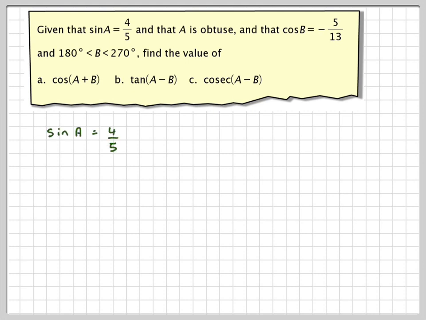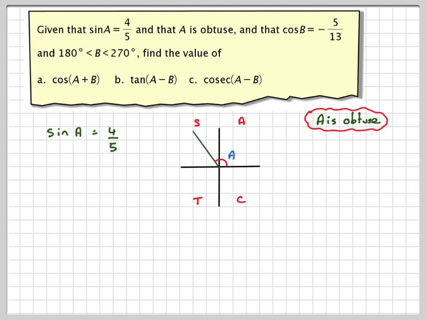Okay, so sine of A is 4/5. If A is obtuse, that means it's in the second quadrant. So if we draw it in the second quadrant, and sine is opposite over hypotenuse, this side is 4, this side is 5, and then we can work out this side here using Pythagoras' theorem.